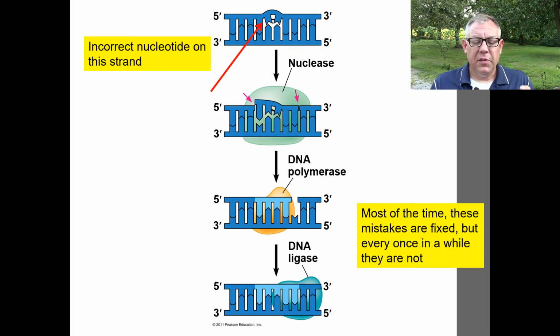Now, most of the time, DNA polymerase or nuclease, other enzymes catch these mistakes and fix them and pull out the wrong nucleotide and stick the right one in. And so that again helps you to make exact copies of every chromosome. But every once in a while, they don't get fixed correctly, and that's a mutation.